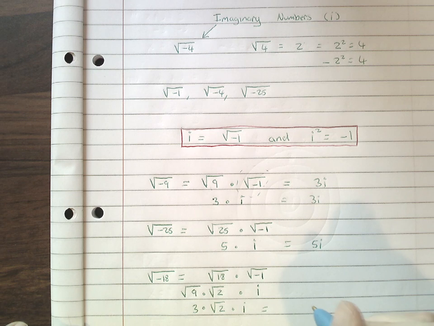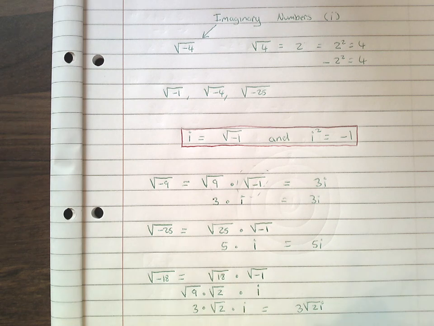So 3 times the square root of 2 multiplied by i, so this becomes 3 times the square root of 2 i. So that's what it looks like. So this is your answer. So the square root of minus 18 is equal to 3 times the square root of 2 i, and that's your answer.